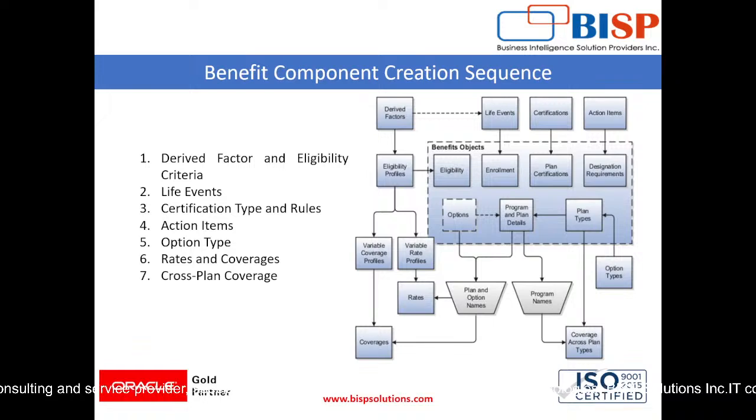These profiles are reusable and can be applied at different levels, such as programs or plans. You can attach it onto the plan or onto the program. So before we define a plan, we need to create a derived factor and eligibility profile.